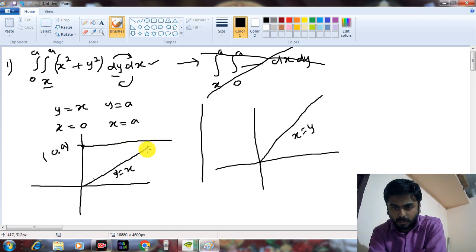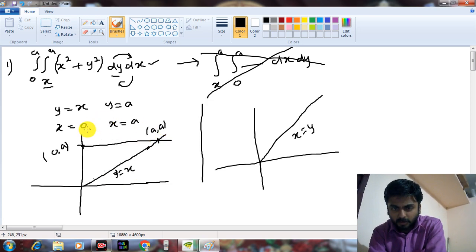Then definitely, since y equal to x meets y equal to a at this point, this point will be a comma a.